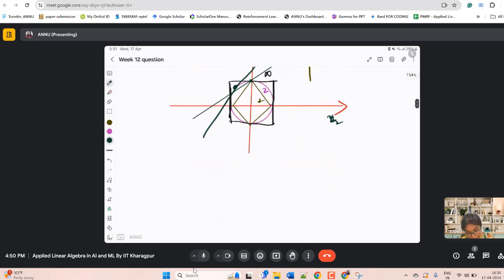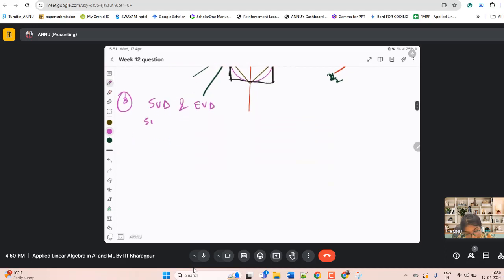Then the most important thing is the third part, which is SVD and EVD. What is that? SVD is singular value decomposition. It's a basis for everything. And EVD is eigenvalue decomposition.